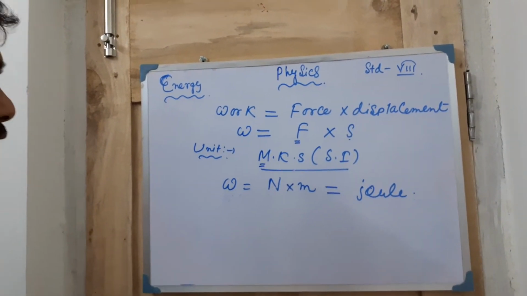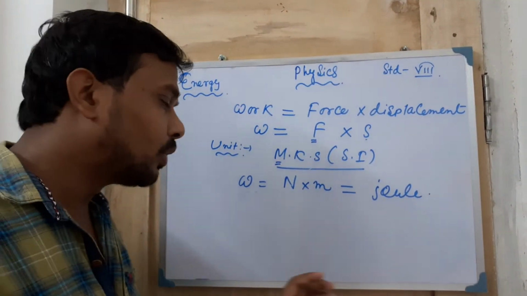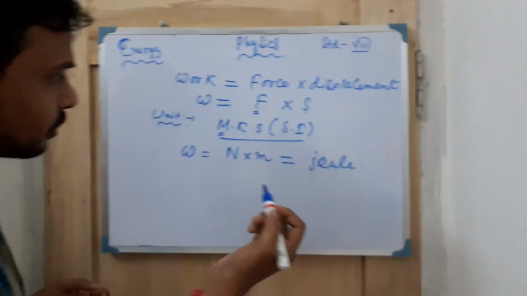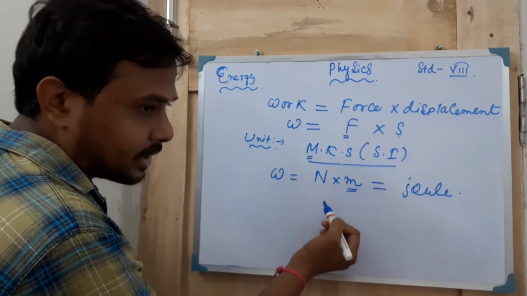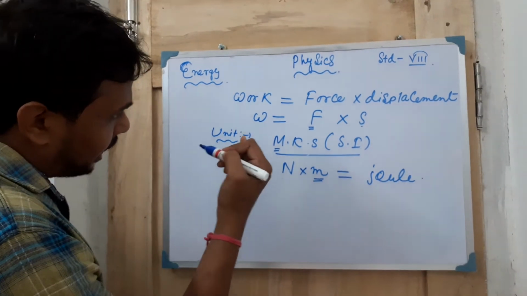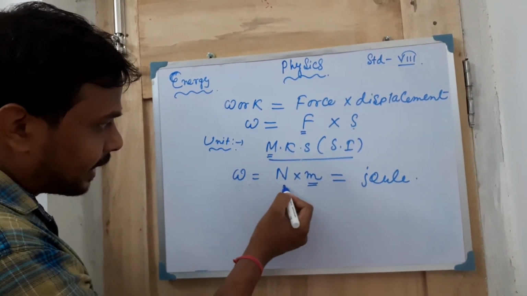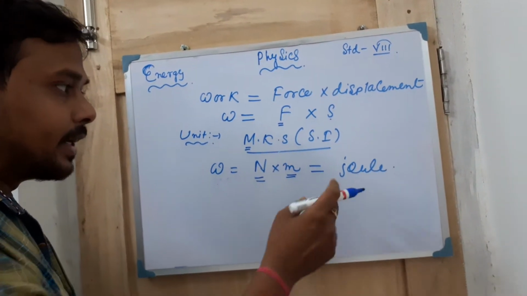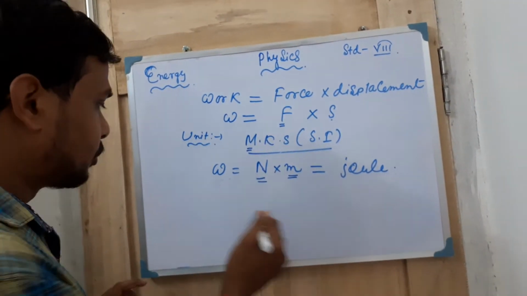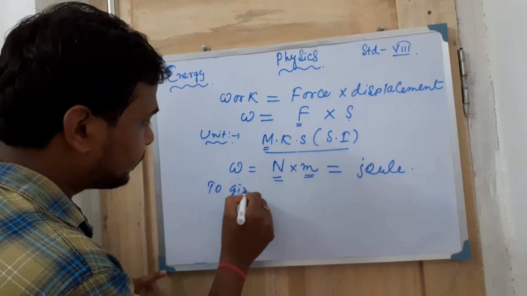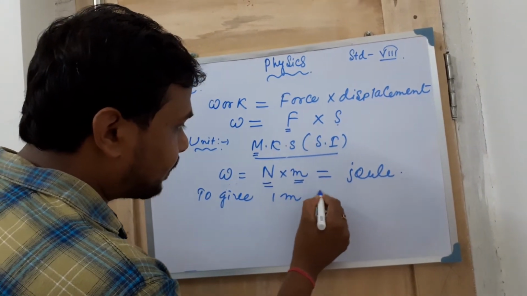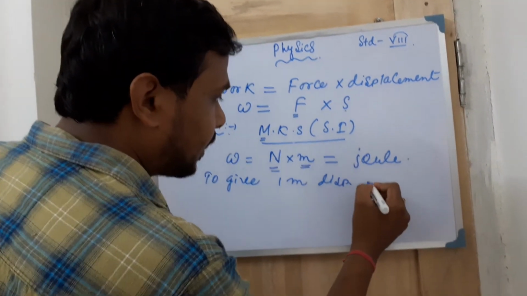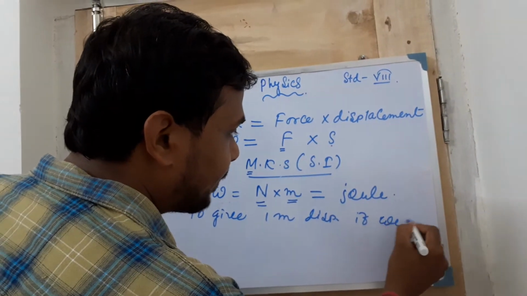So what is the definition of 1 joule of work? Same definition. If you give 1 meter displacement to a body by giving 1 Newton force to that body, then you have definitely done 1 joule of work.